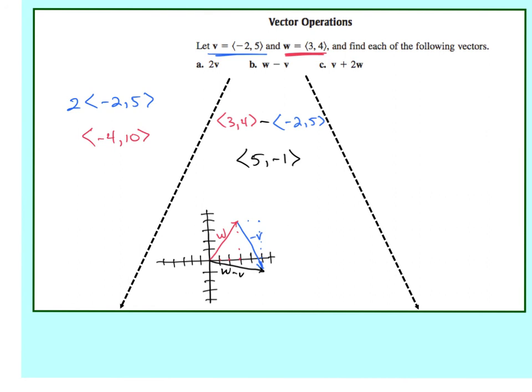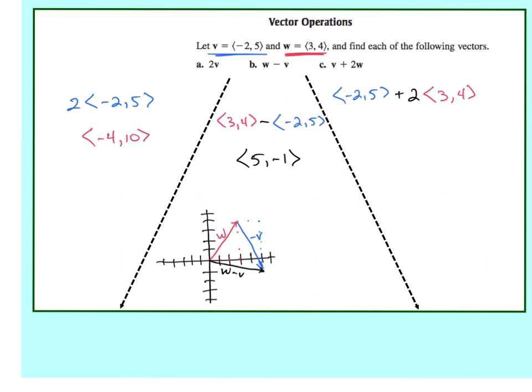So now I have vector V plus 2 times vector W. So my vector V is negative 2 comma 5 plus 2 times vector W. Now, order of operations still matters. So what do I have to do first?